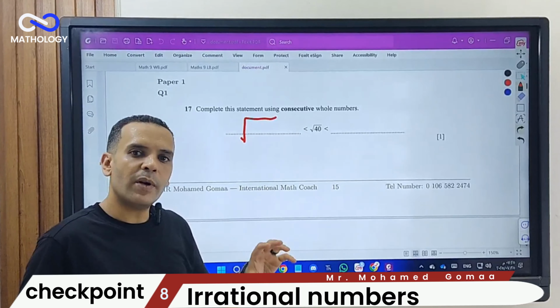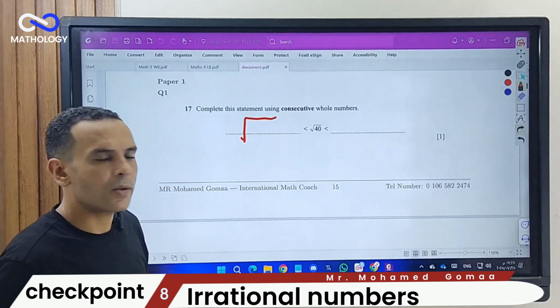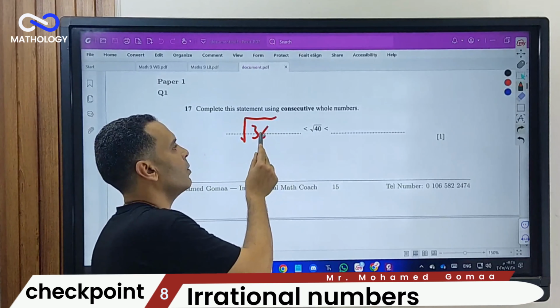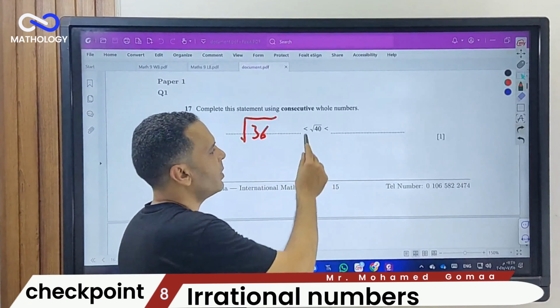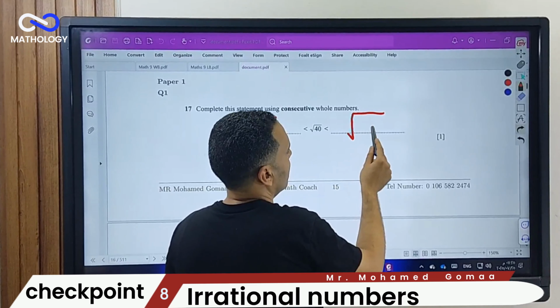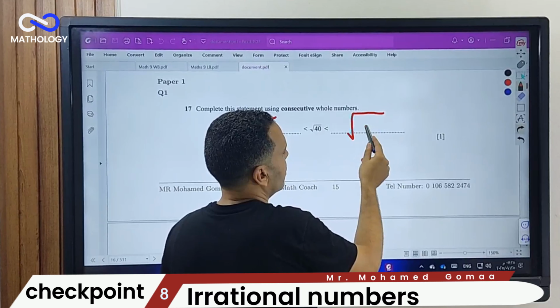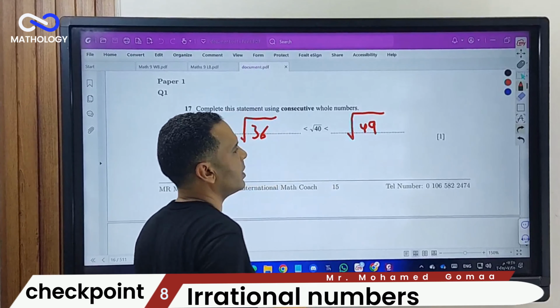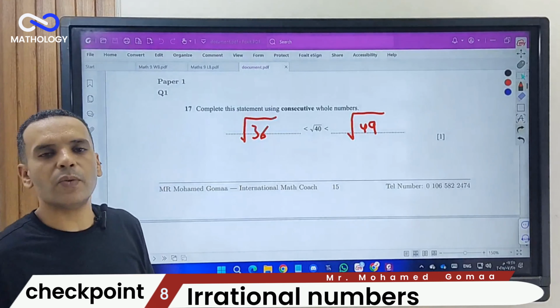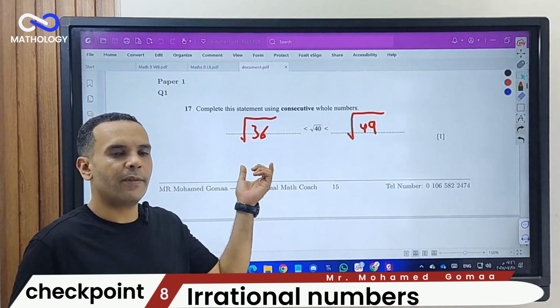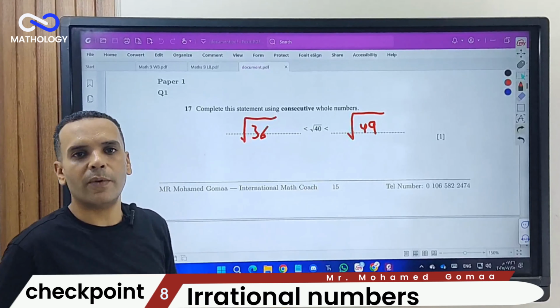The number smaller than 40 that is a square number will be 36. A number greater than 40 that is a square number will be 49. Square root of 40 is between the square root of 36 and square root of 49.